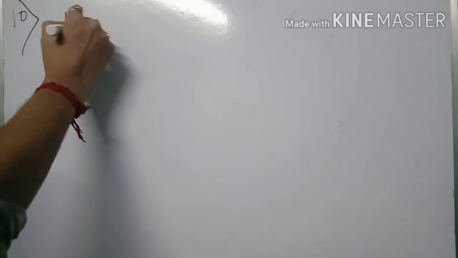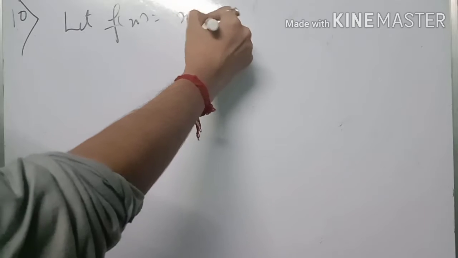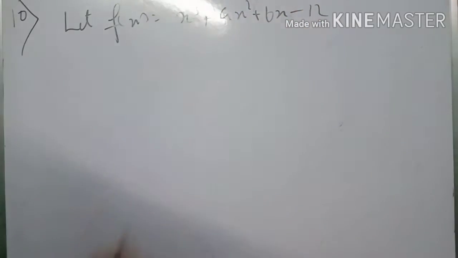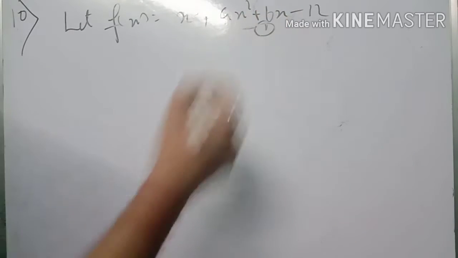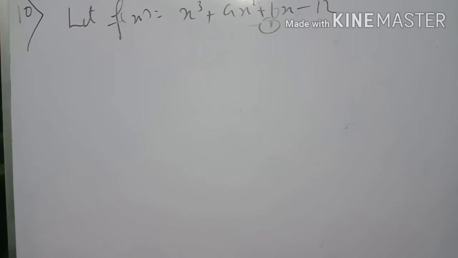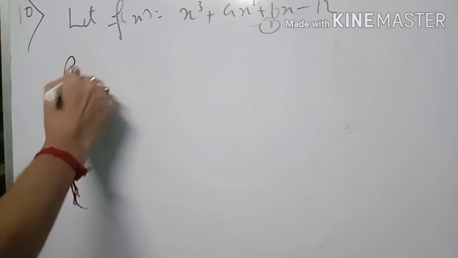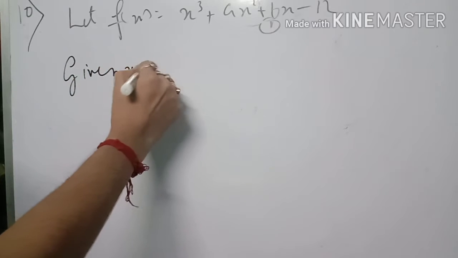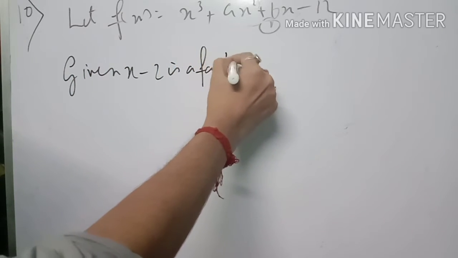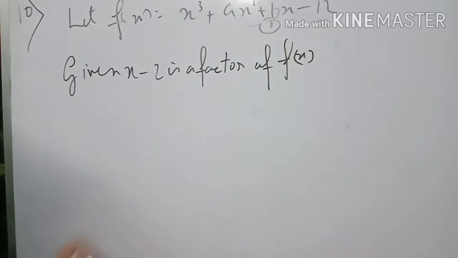First we are going to write, let f(x) equals x cube plus ax square plus bx minus 12, terming it as equation number 1. Next we are going to write, given x minus 2 is a factor of f(x).